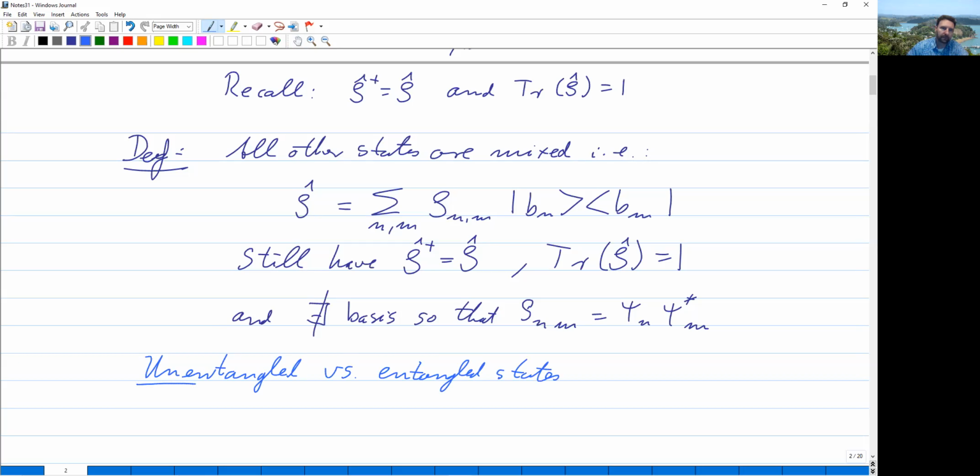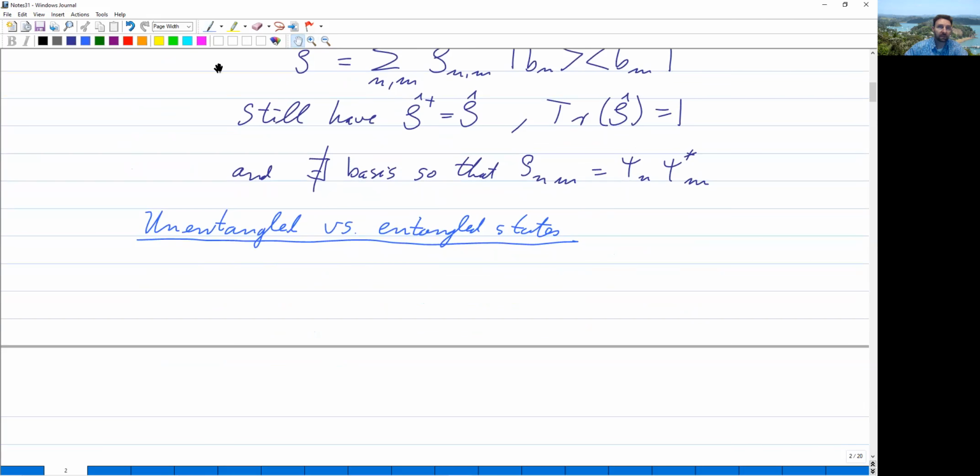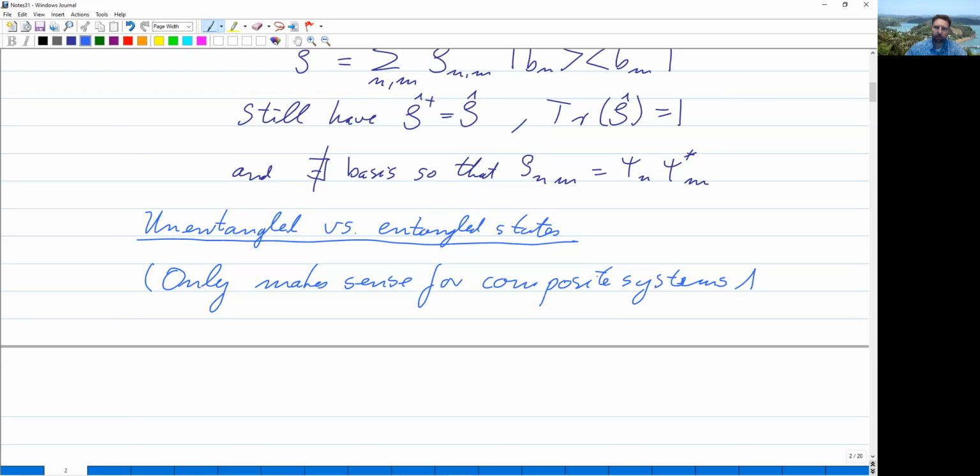Now, this is a notion that only makes sense if we have a composite system. So it only makes sense for composite systems AB. Very important.